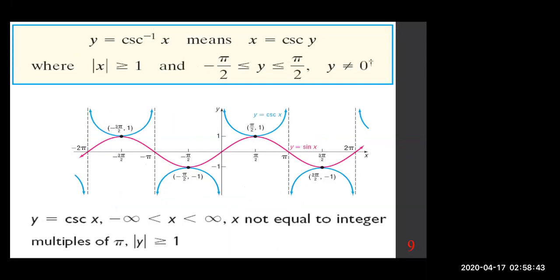When we look at cosecant, cosecant is 1 over sine, so it goes with sine. Sine goes from negative pi over 2 to pi over 2, so does cosecant. And of course, at 0, it's undefined, it's a vertical asymptote, simply because cosecant is 1 over sine. So, in other words, if I use a different color here, so here's the sine.